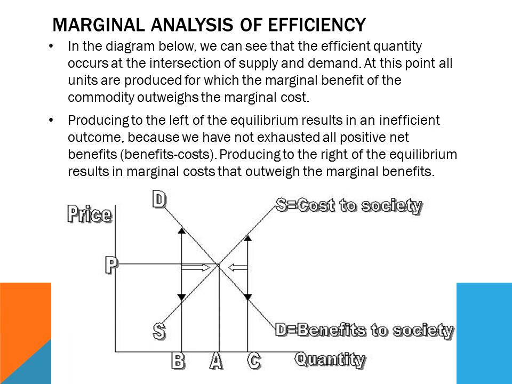Producing a quantity to the left of this equilibrium results in an inefficient outcome because we have not exhausted all positive net benefits, a net benefit being defined as benefits minus the social cost. Producing to the right of the equilibrium would result in marginal costs that outweigh the marginal benefits. So the economically efficient equilibrium is at point A with a price of P.